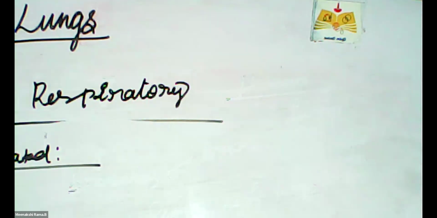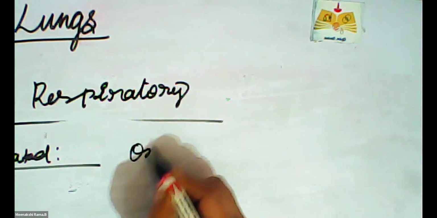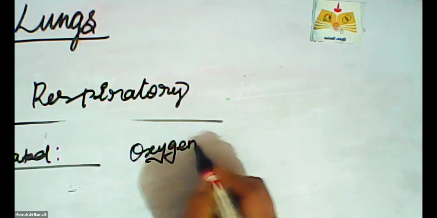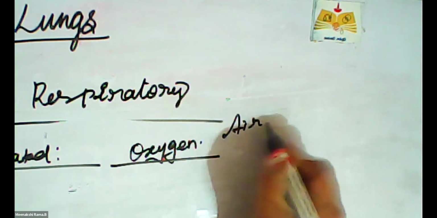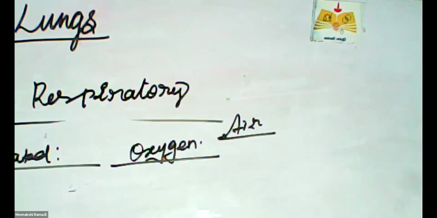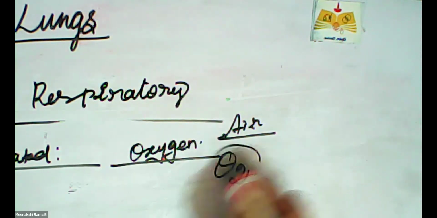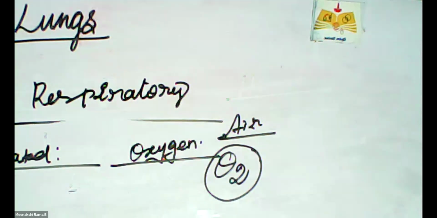The function of the lungs is to take oxygen from the air, transport it into the bloodstream, and remove carbon dioxide. We inhale air from the environment, because we need oxygen in our body.